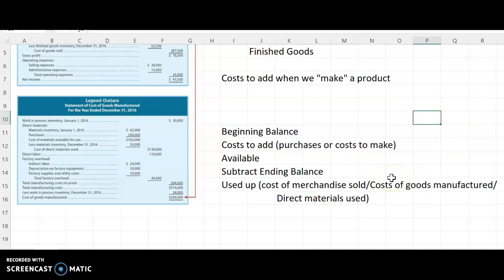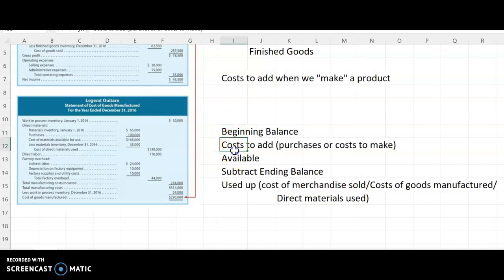Anytime you want to know how much has been used up, we did it with supplies back in chapter 2 in accounting 1. You start with your beginning balance. So for example, if we were doing supplies, you would have your beginning supplies balance.